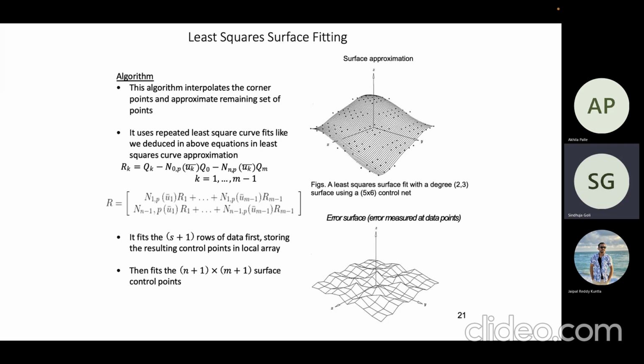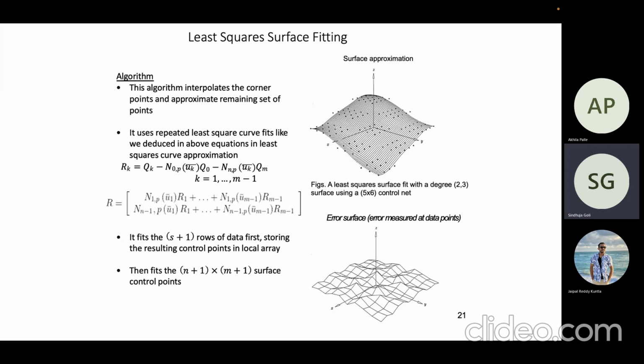Next, we have the algorithm. This algorithm interpolates the corner points and approximates the remaining set of points. It uses repeated least square curve fits like we deduced in the above equations in least square curve approximation, where Rk is equal to Qk minus N naught comma P into Uk into Q naught minus N base N comma P into Uk into Qm, where k is equal to 1 till m minus 1, and we get the equation wherein we get the R value.